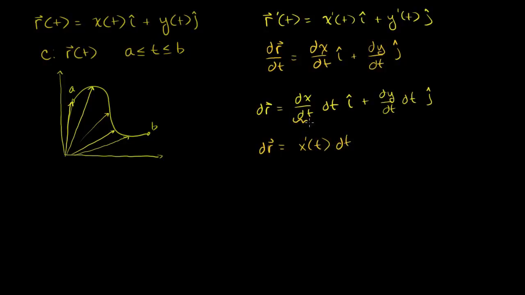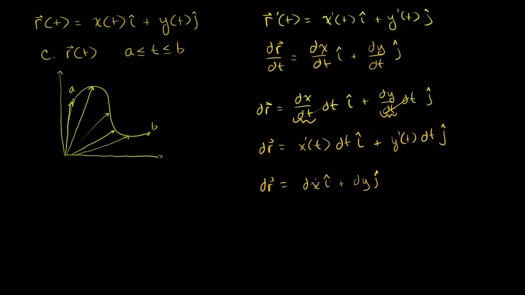This is x prime of t right there, times the unit vector i, plus y prime of t, that's just that right there, times dt times the unit vector j. And just to complete the trifecta, the other way that we could write this is that dr is equal to, if we just allowed these to cancel out, dx times i plus dy times j.